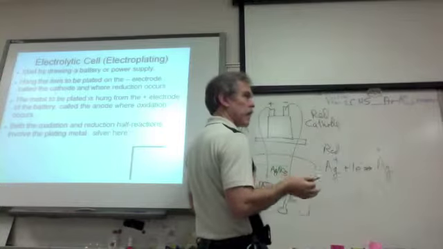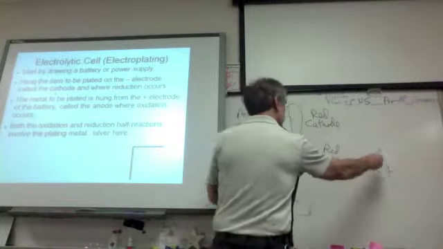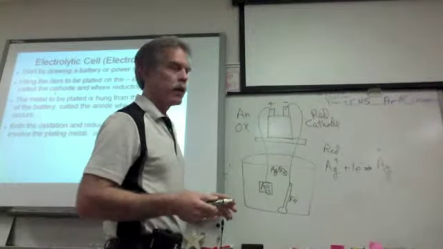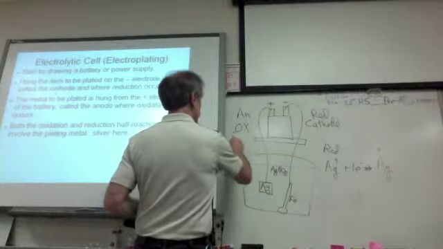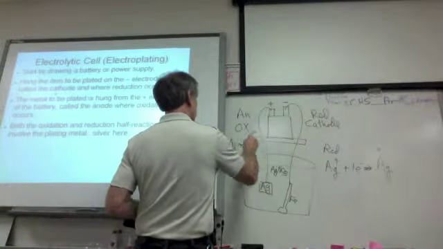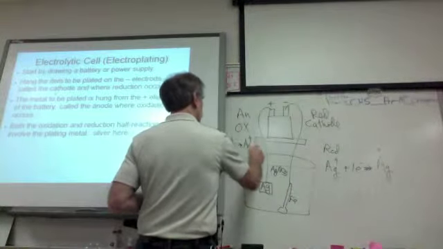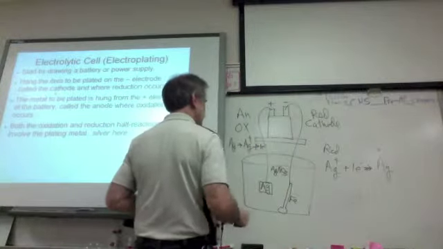The half reactions have to be balanced for charge. 1 plus, 1 minus, that's 0. Silver as an element or an atom is 0 also. The oxidized. So on the oxidized, silver is losing an electron. So we go from silver, the element, to silver, the ion, Ag plus, plus 1 electron minus.